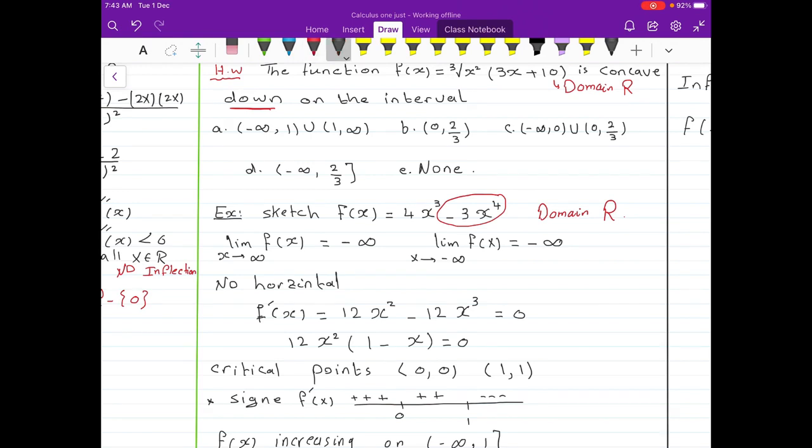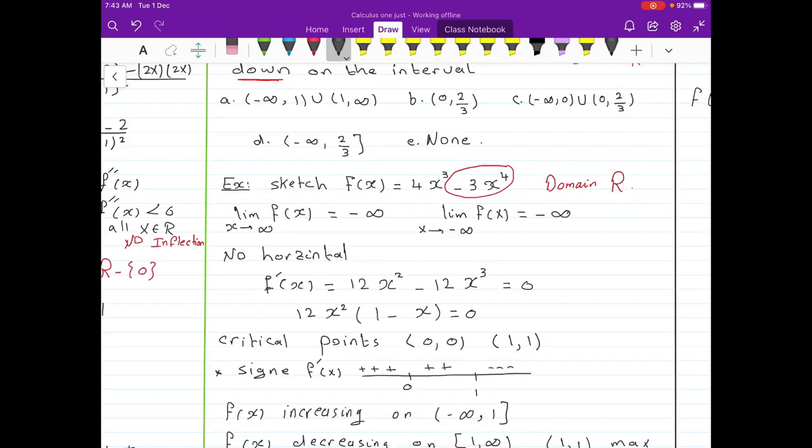Now, first of all, we want to find the intervals of increasing, decreasing, max or minimum. Now, f prime of x, it is a polynomial, we differentiate: 12x^2 - 12x^3. You can divide by 12, or if we take 12x^2 as a common factor, 1 - x.